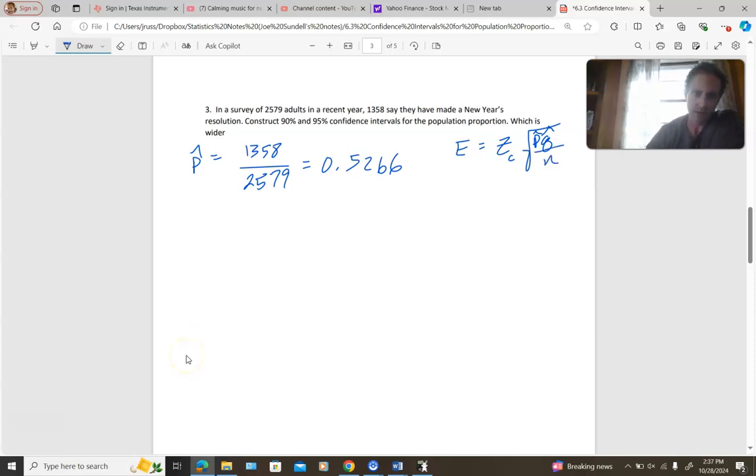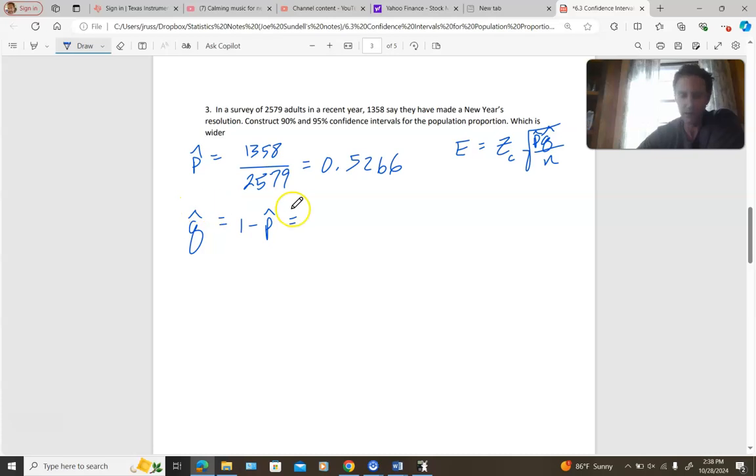So the next thing I could do is find q hat. I'll just subtract. The other way to do it, guys, would be to subtract this number from the sample size and divide that by the sample size.